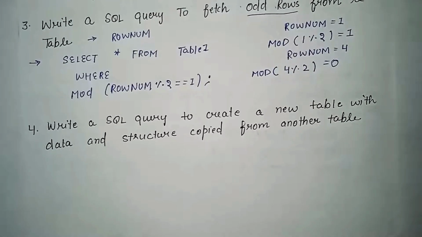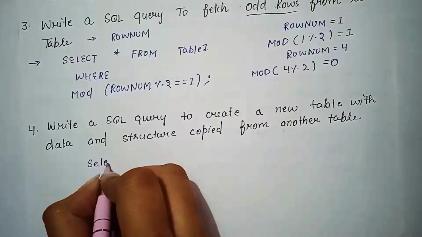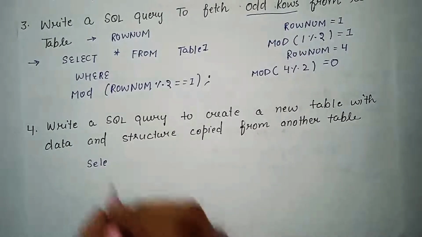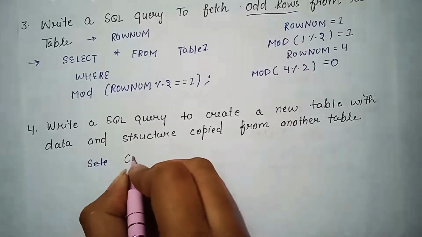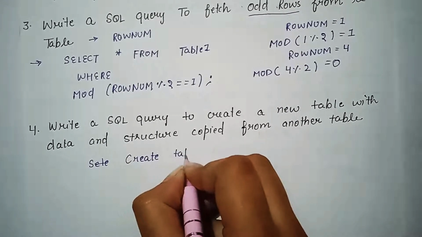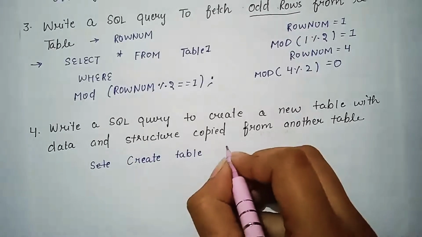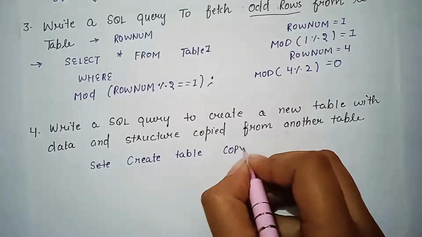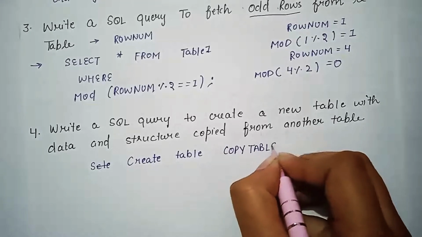So the query would be, I'm sorry, it will not be select. Firstly, we will use a create command. So we will write over here CREATE TABLE, and let's say we give the name of the second table as copy_table.